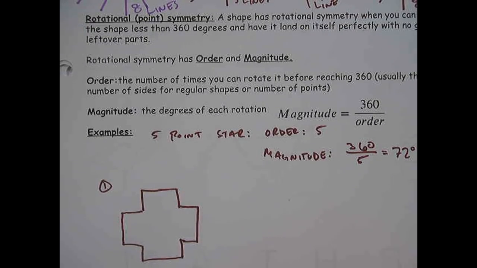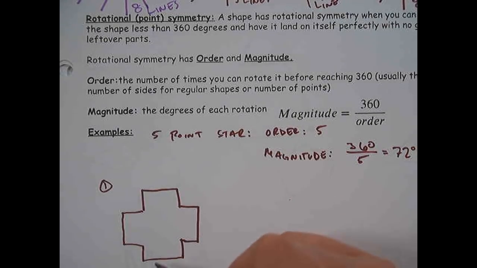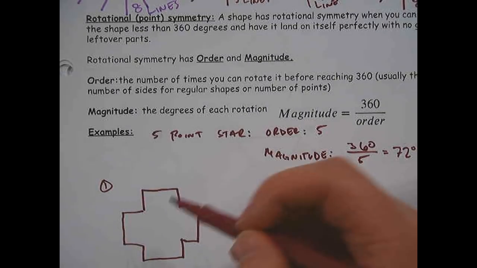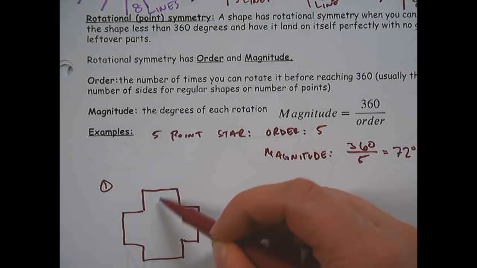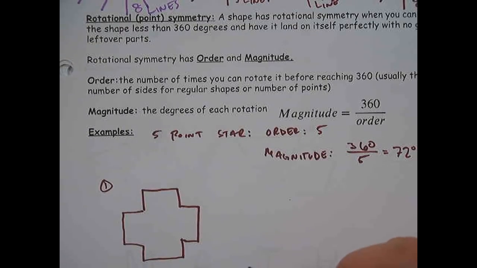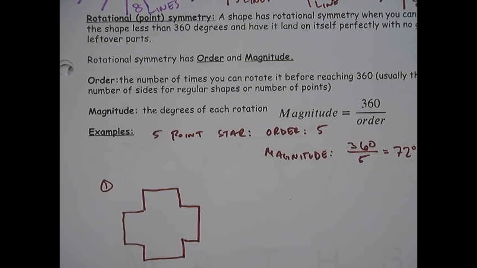And kind of an easy trick that you can use to tell what order of rotational symmetry something has is you can look at how many things are coming off of it. Like a star had 5 points coming off of it, right? So this plus sign has 4 points or 4 things sticking off of it, right?